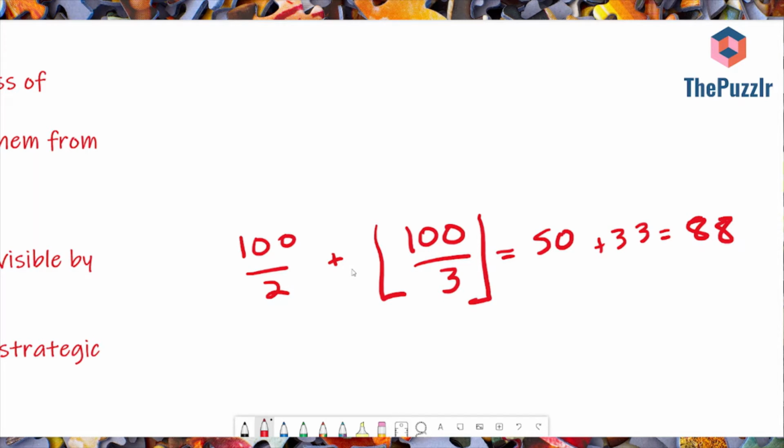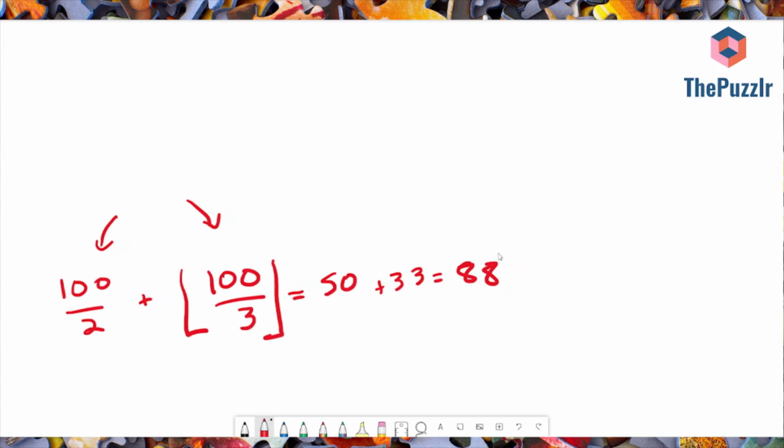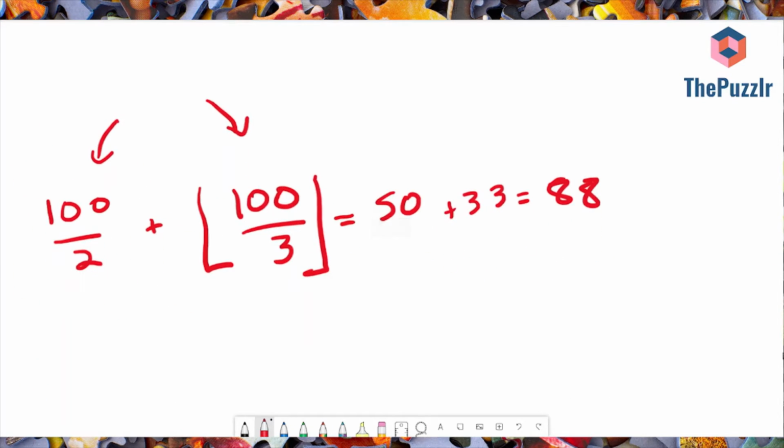But what about numbers that are divisible by both 2 and 3? We counted them once here, and then we counted them once here. So we overcounted those. We counted them twice. We only want to count them once, so we want to subtract those numbers once. Well, the numbers that are divisible by 2 and 3 are also divisible by 2 times 3, or 6. How many numbers are divisible by 6 from 1 to 100? 100 divided by 6, taking the floor function of that.